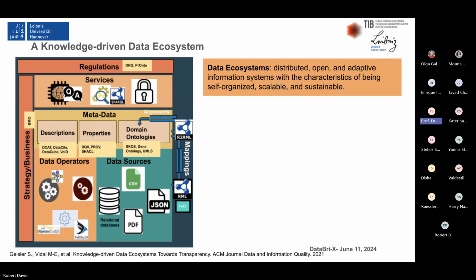So what is the idea here? We are working in these knowledge-driven ecosystems where we have data sources. The data sources are heterogeneous, so they are presented in different formats, and on top of the data sources there are ontologies that define the domain from where these data sources are coming, and there are mappings between the data sources and these ontologies. We also have descriptions not only of the properties that are part of these ontologies or the attributes that are part of these data sources, but also we have operators.